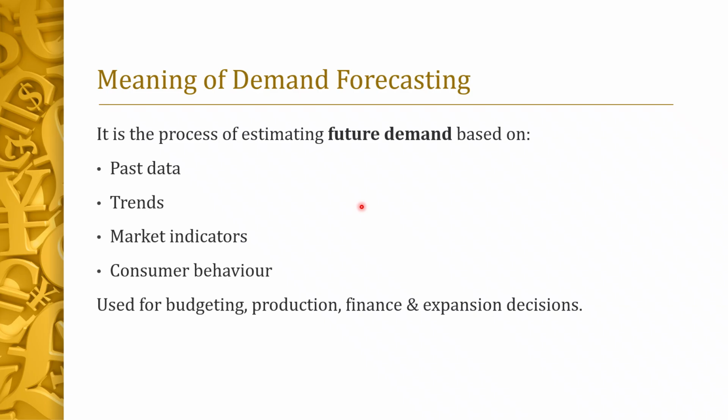Why are we doing it? Because it helps companies prepare for the future demands. So it is also used for budgeting, for production, finance, and expansion decisions. Here we are forecasting the demand for the future of a particular product.